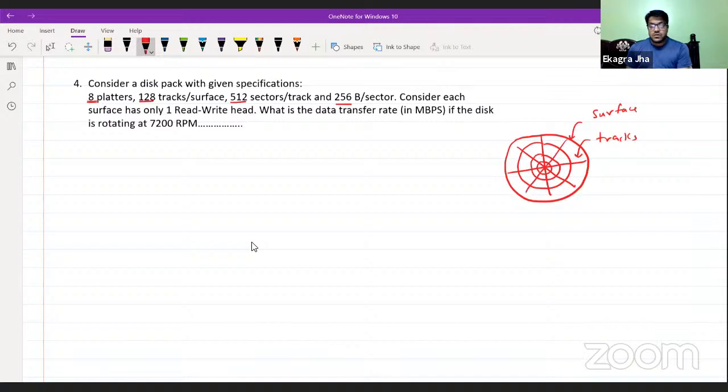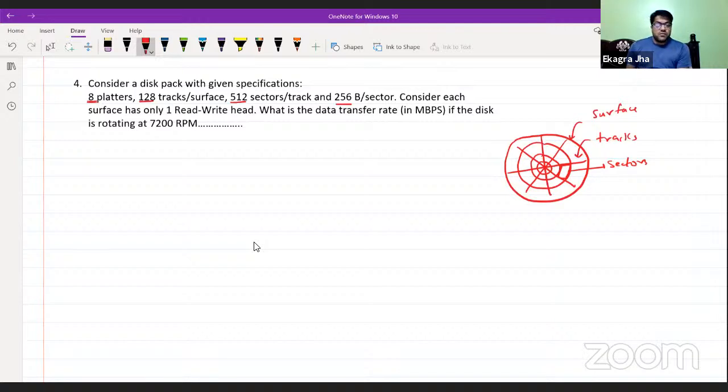So these are the sectors, and we have a certain size of sectors that is already given in our question, 256 bytes per sector. So one surface consists of multiple tracks. One track can have multiple sectors, and each sector has some specific size.